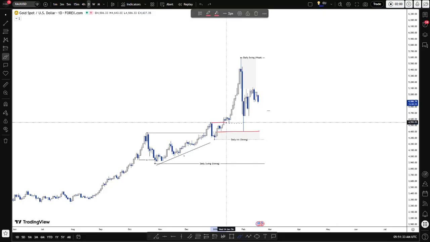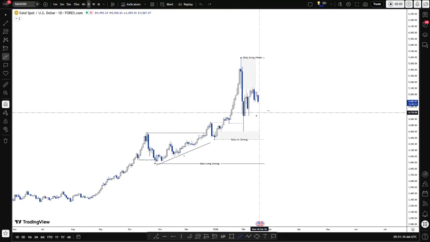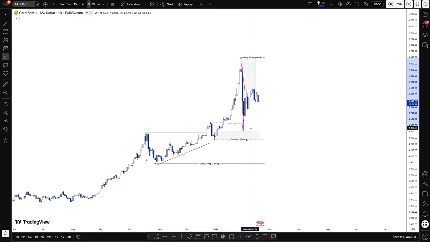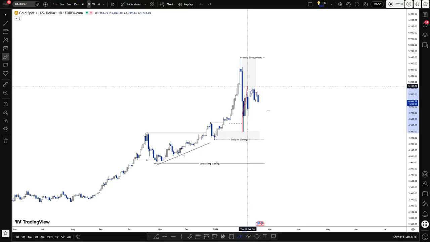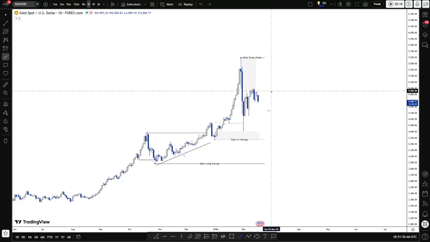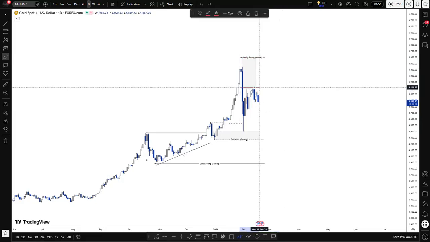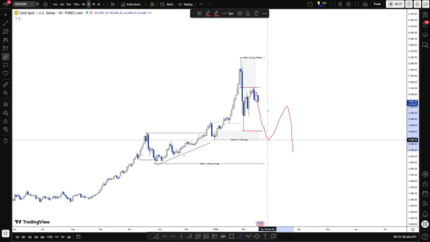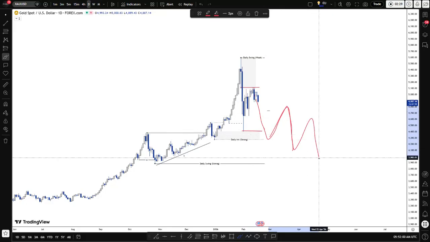So currently, since we've already had a significant swing pullback, we could either see price targeting the weak swing high, or maybe this supply could hold and price could target this low. So now price could start forming the internal structure so we can get that deep swing pullback.